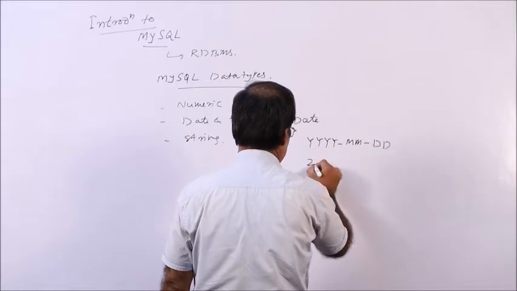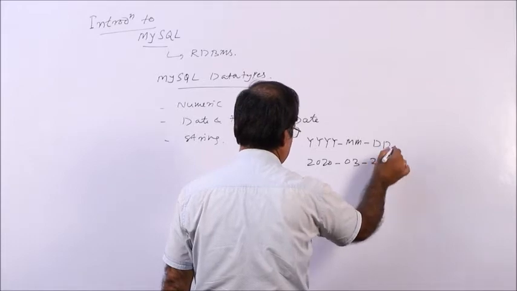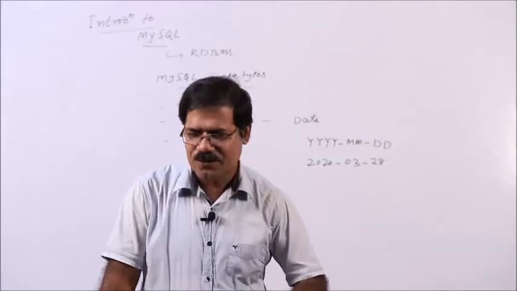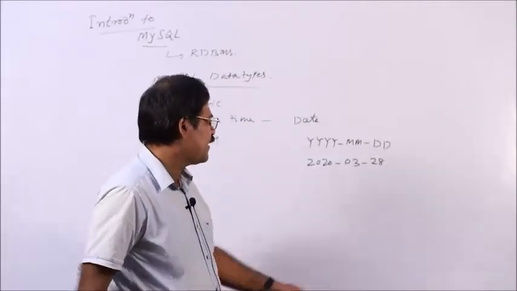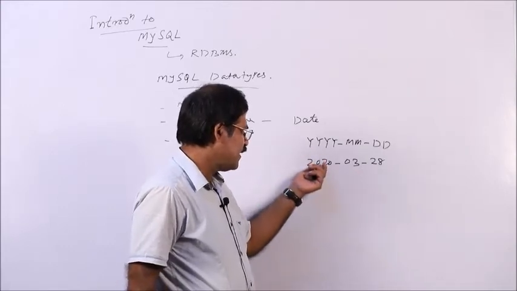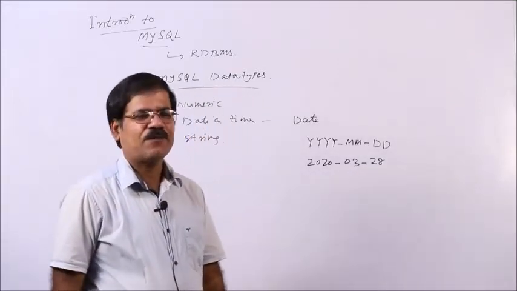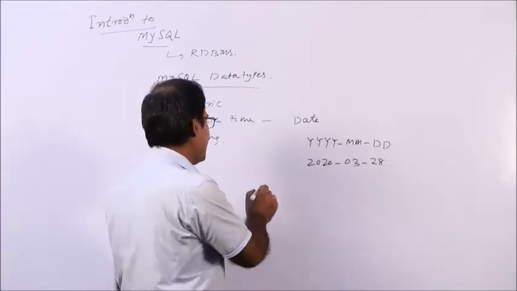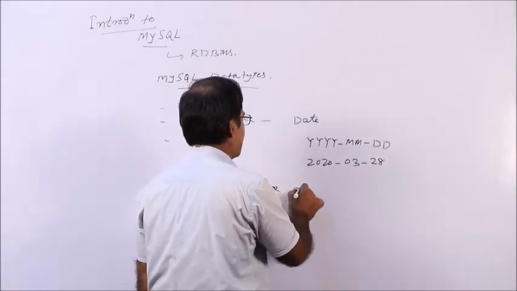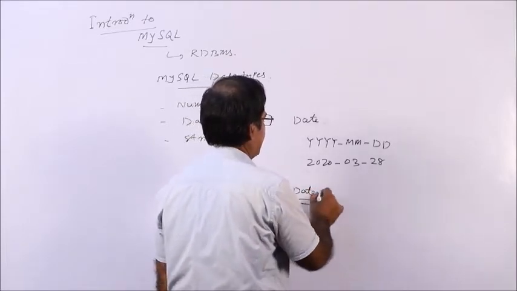So, suppose 2020, month is 03, date is 28. This is the format of date, and you provide the values in this format. Suppose date of birth is 28th March 2020, you provide it in this format. First is year, then month, then date. When you declare age as a variable, it is of which type? It is a date type.